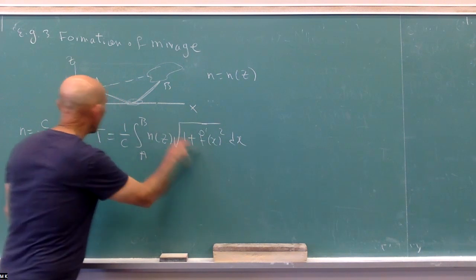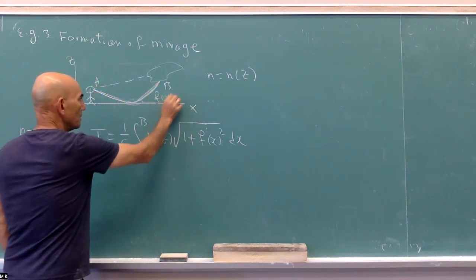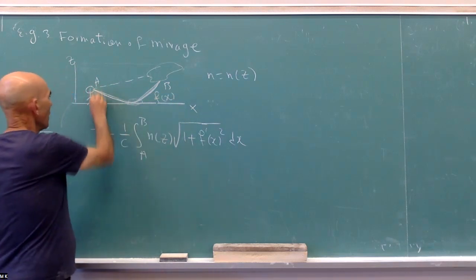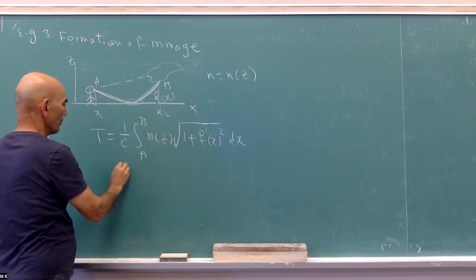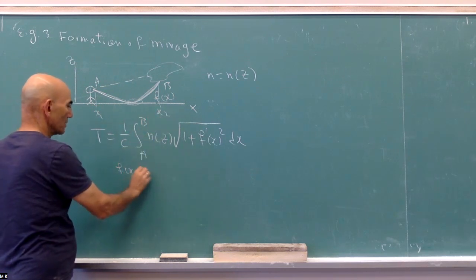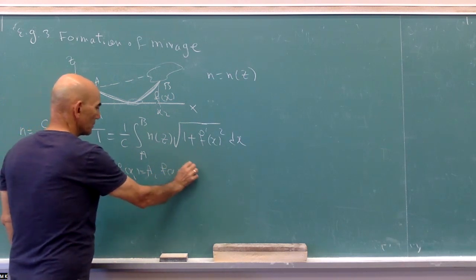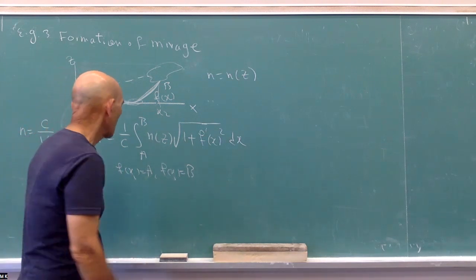Because our curve, I just denoted by f of x. This is the unknown curve, and we are connecting x1 to x2. So f of x1 is equal to a, f of x2 is equal to something like that. Right? Okay, this is known.